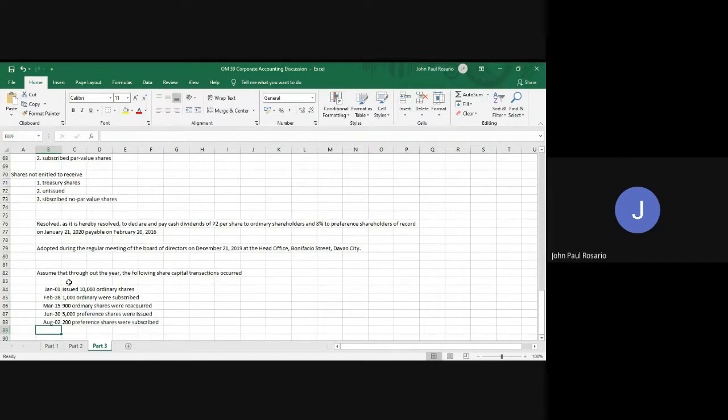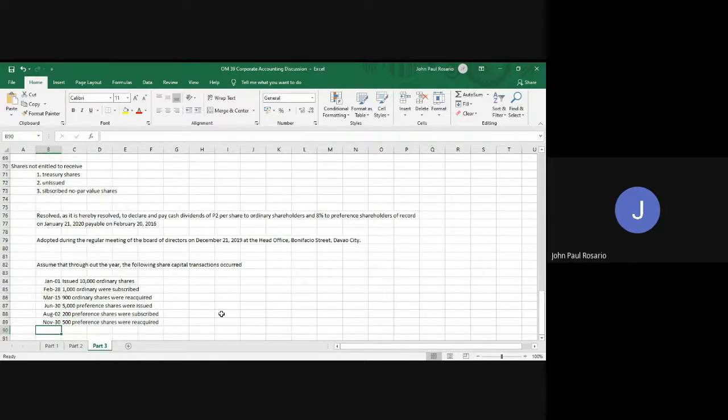And then on November 30, 500 preference shares were reacquired.